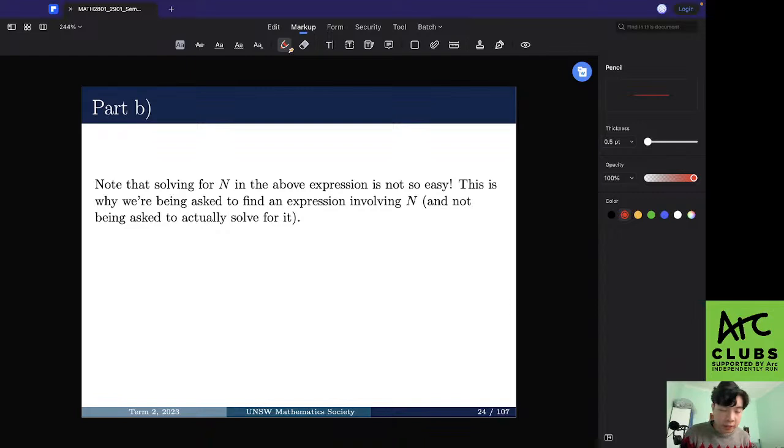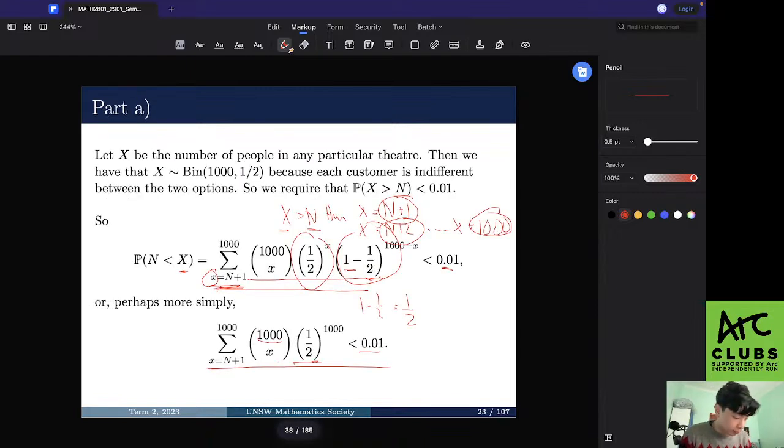But this isn't so easy, and the reason is because we have 1,000 minus n plus 1 terms, and so we essentially have this really big equation, and it's going to be filled with factorials and things like that, right? Because 1,000 choose x is going to get transformed into something like 1,000 factorial over x factorial times 1,000 minus x factorial, and so on. And this is just really hard to solve.